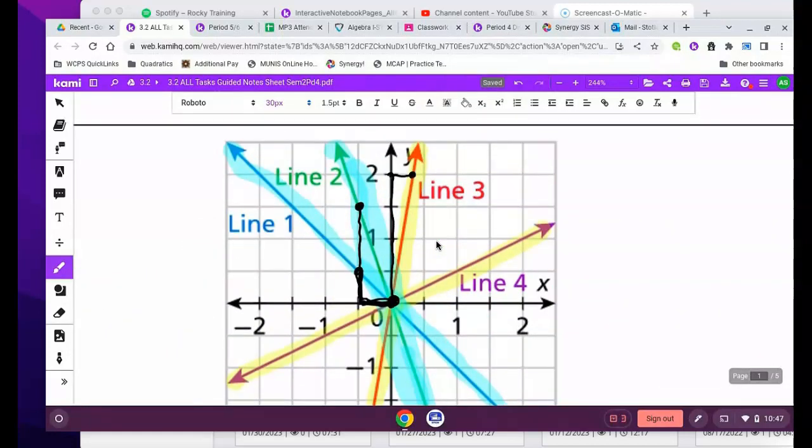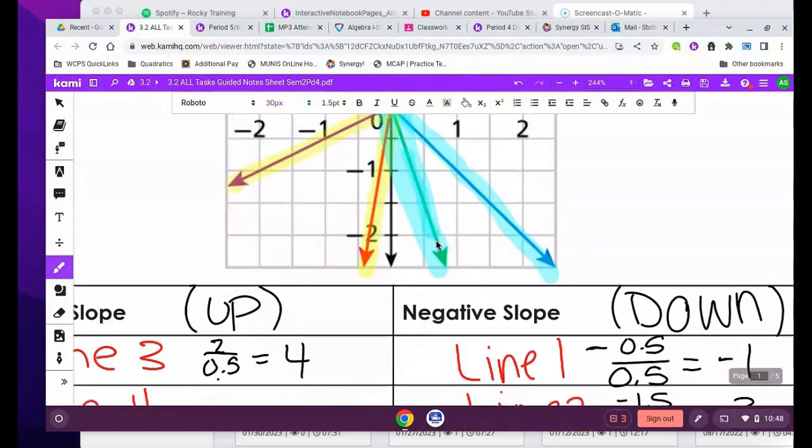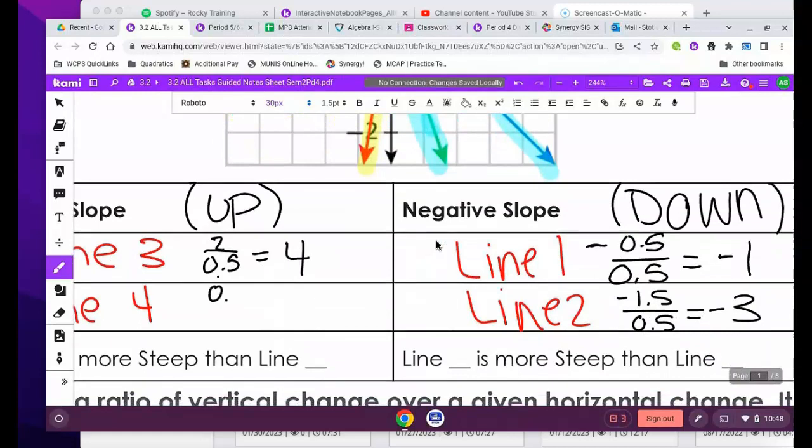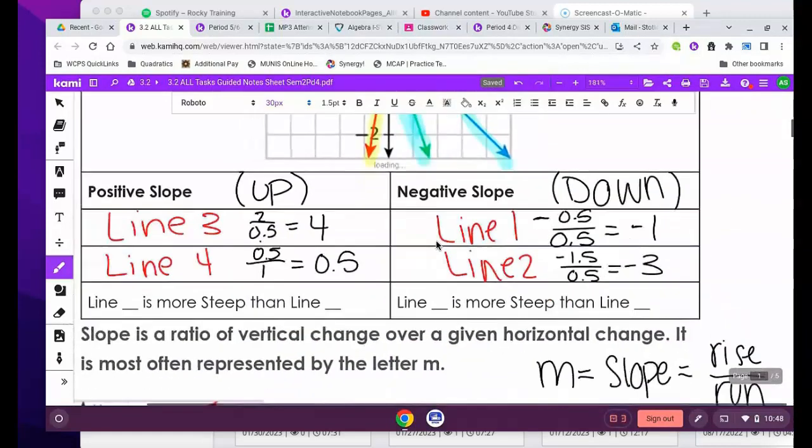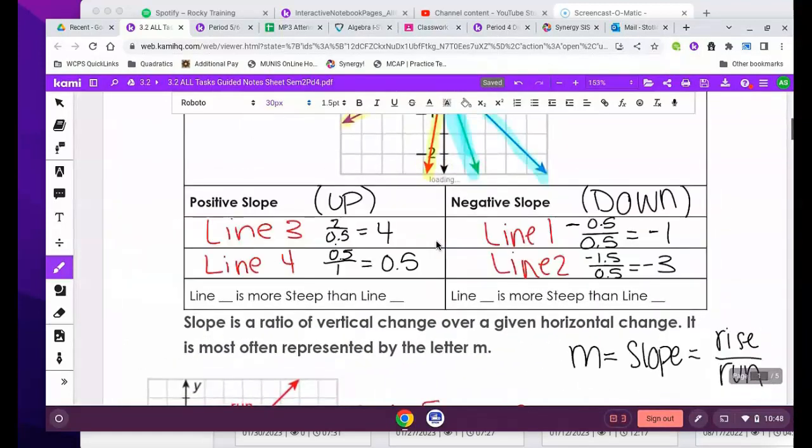And then lastly, we can look at line 4. From here to here, it looks like we go up a half and over 1. So a half divided by 1 is equal to positive 1/2. Again, it's positive because the line is going up.